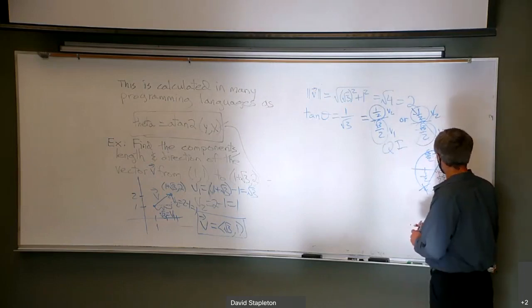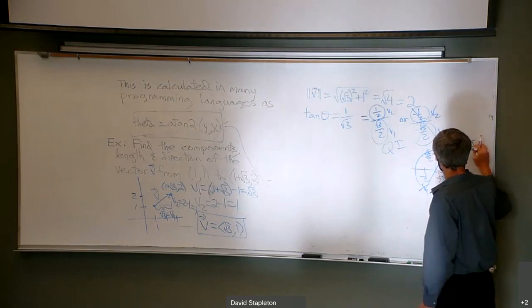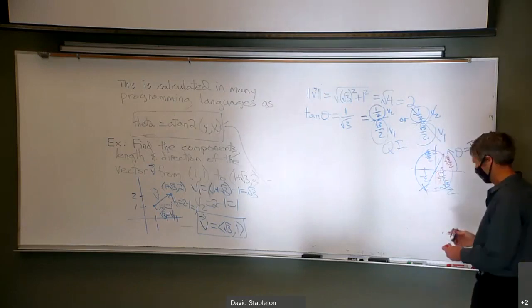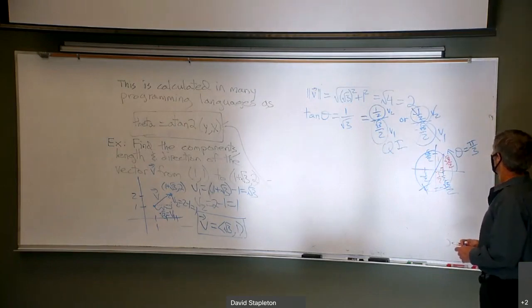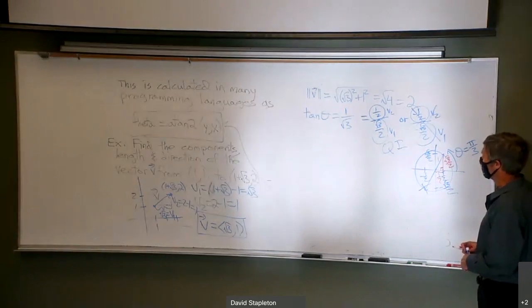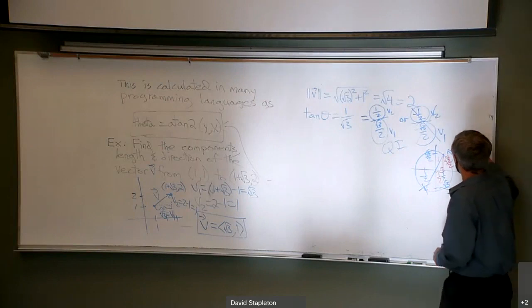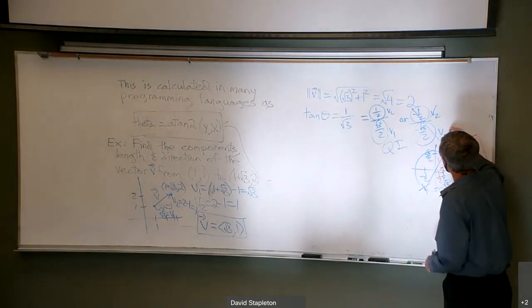So theta, evidently, is 60 degrees, also known as pi/3 for trigonometry. Make sure you remember your special angles for this. Theta is pi/3. That's my direction angle.